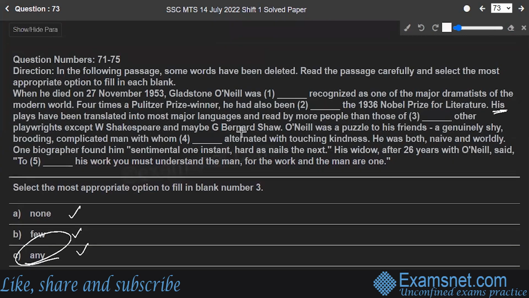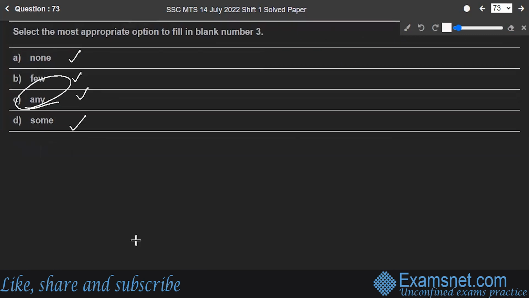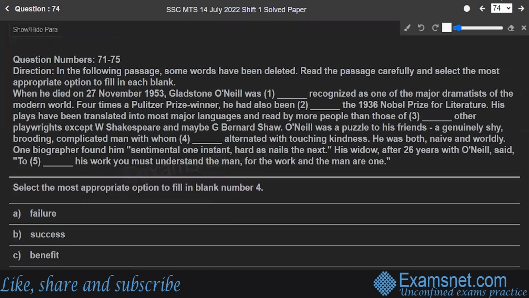Let's read it. His plays have been translated into major languages and read by more people than those of any other playwrights except Shakespeare and Bernard Shaw. Okay, so option C is the correct fit into the blank. Hope you are clear.